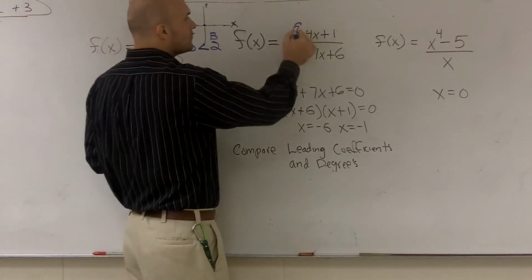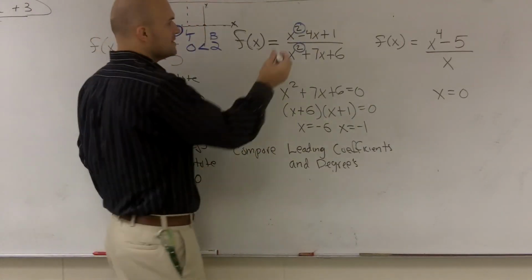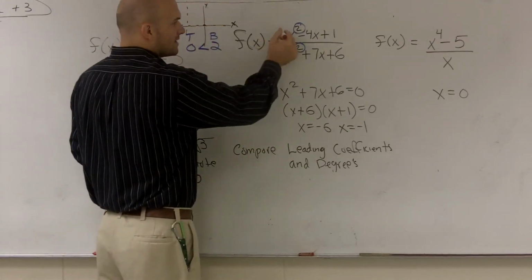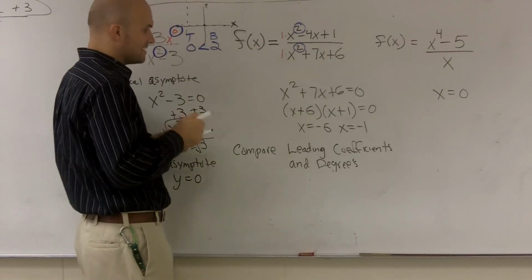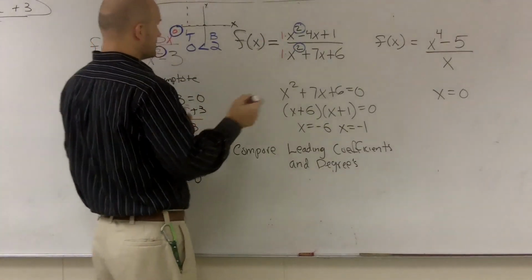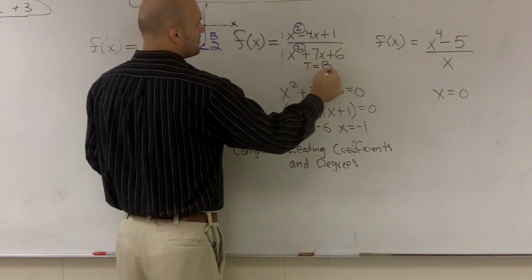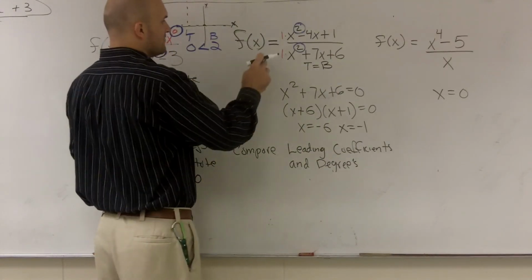Now, when the degrees are equal, what you do is take the number in front, which here there's no number in front, so we write 1. You take the coefficients and divide them. So whenever the top is equal to the bottom, we take our coefficients and divide them.